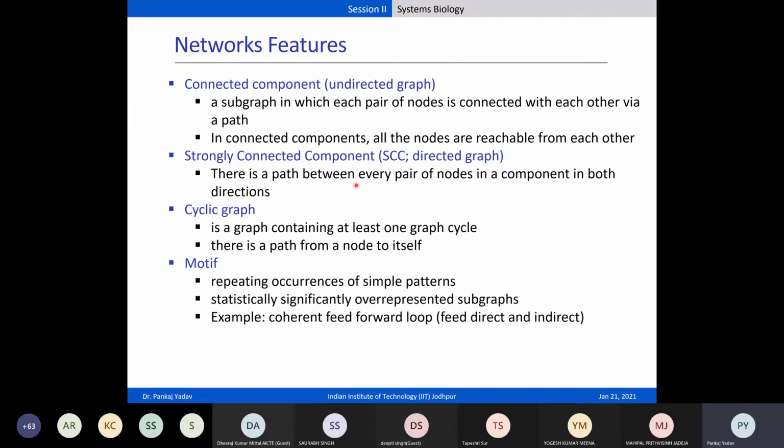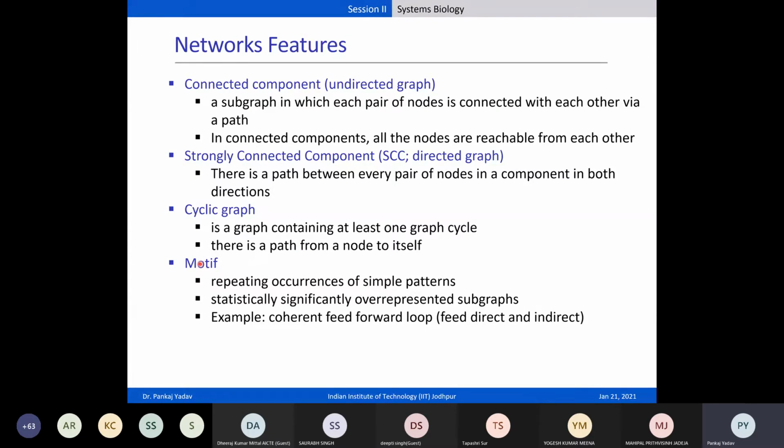There is always a path between every pair of nodes in a component in both directions. So the direction is important in the case of directed graphs. And then we can also have cyclic graphs, which is a graph that contains at least one cycle, where there is a path from a node to itself. So this is the definition of a cyclic graph.